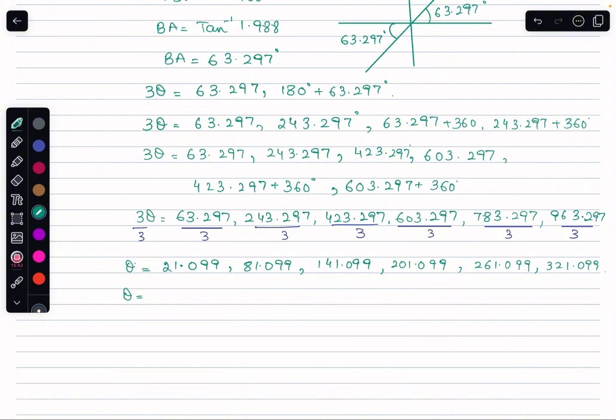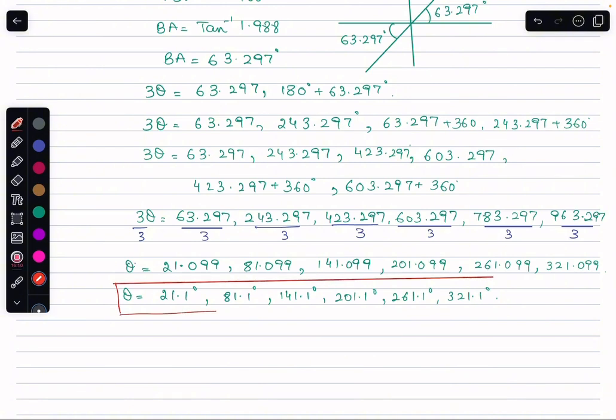So my final angle values are going to be 21.1 degrees, 81.1 degrees, 141.1 degrees, 201.1 degrees, 261.1 degrees, and 321.1 degrees. Now I can see that all the angle values that I have for theta are in the range of 0 till 360 degrees.